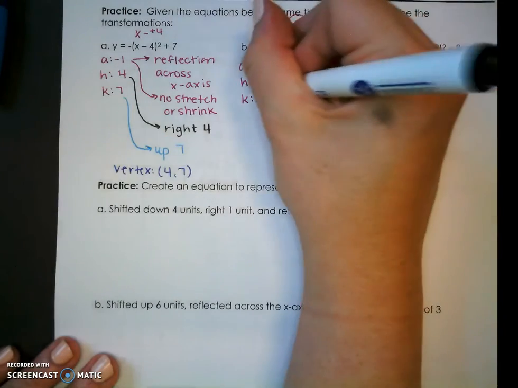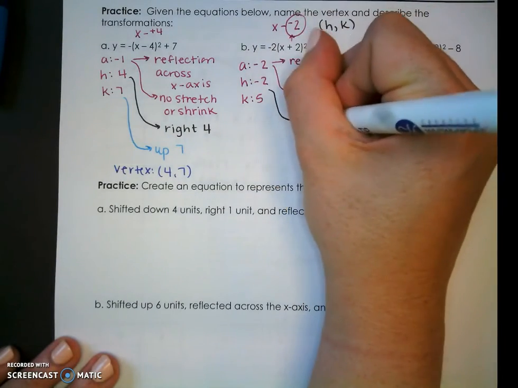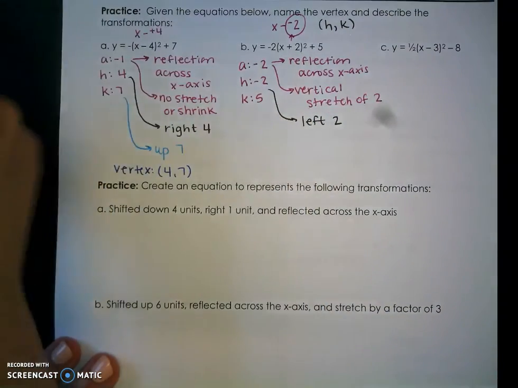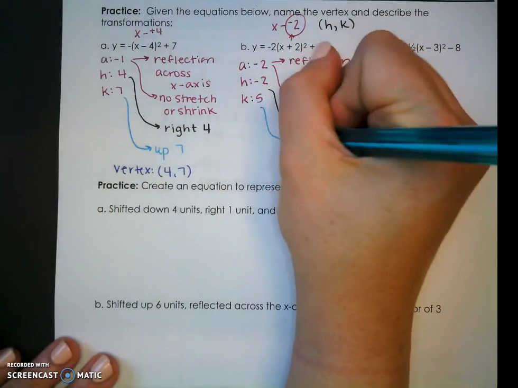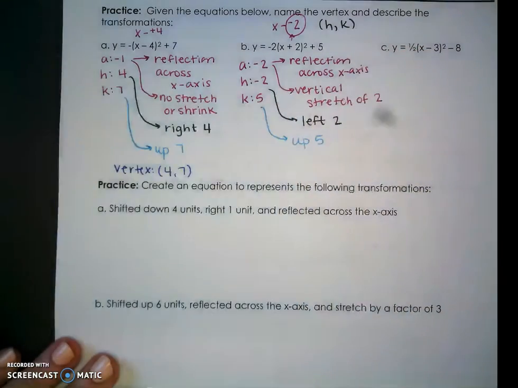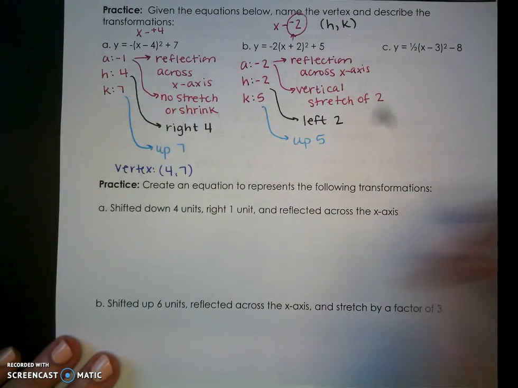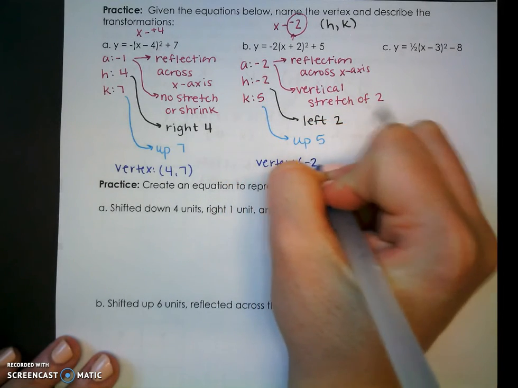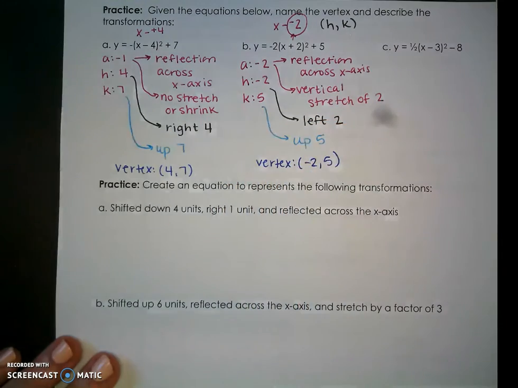This -2 for H tells me that we are going left 2. And since K is +5, that tells me that we are going up 5. And last but not least, our vertex is at HK. So my vertex is at -2, 5.